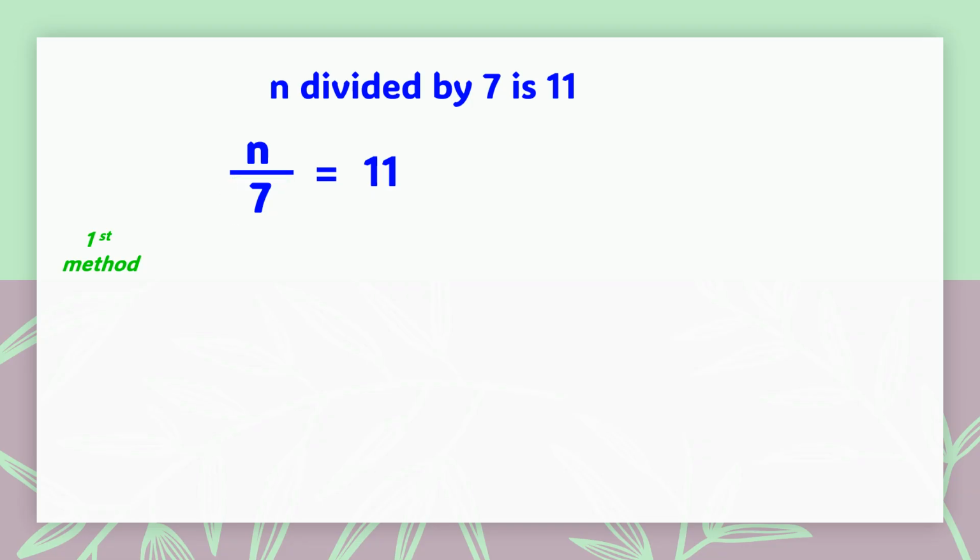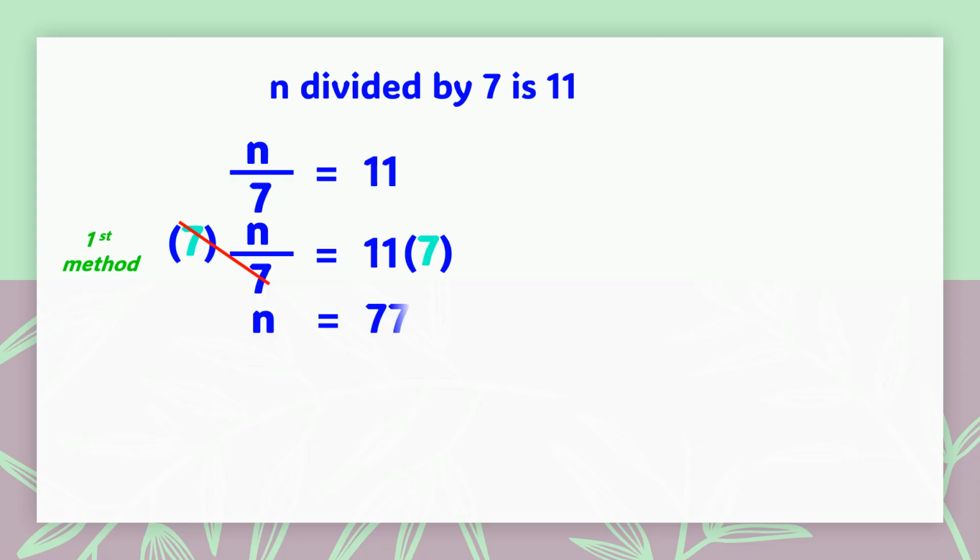First method, n by 7 multiplied by 7 on both sides. The 7s get cancelled. N is equal to 11 into 7, which is equal to 77. Let me try the second method.